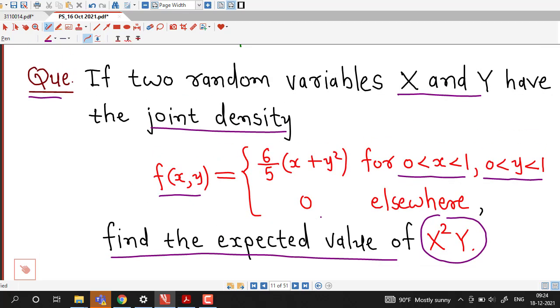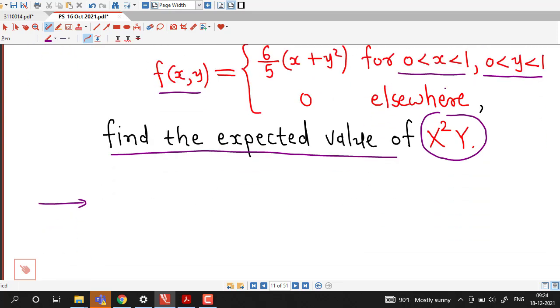So here we are given the joint probability density function. That means these two random variables x and y are continuous random variables, and we have to find the expected value of x squared times y.